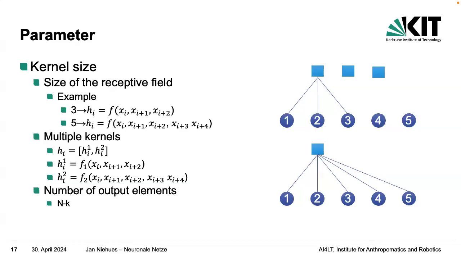Yeah, and one important question is then, how many elements do we have in the end? So if we are doing that, how many output elements do we have? If we assume that we have n input elements, you see nicely here that you have in the end n minus k plus 1 output elements. So if we have 5 input elements and our kernel size is 3, then you have 3 output elements there, while if the kernel size is 5, we have 1 out there.